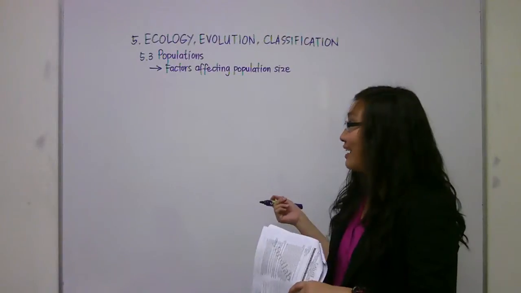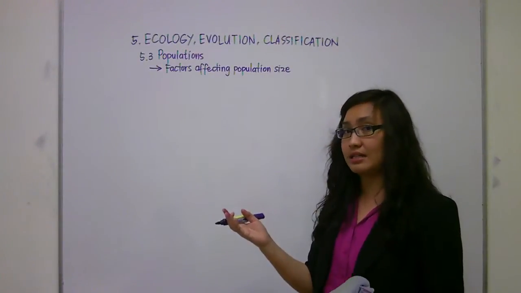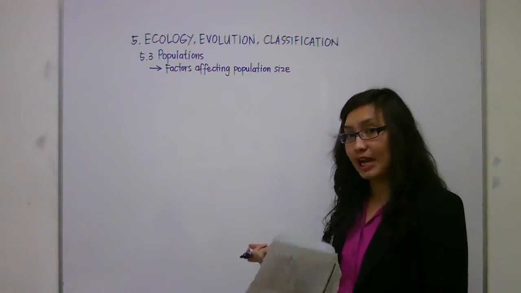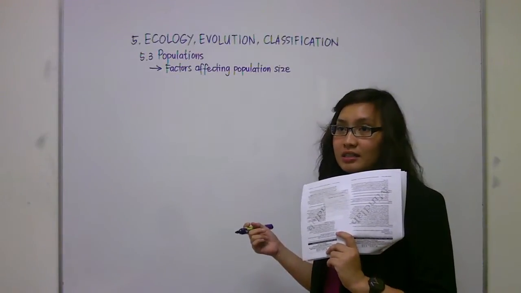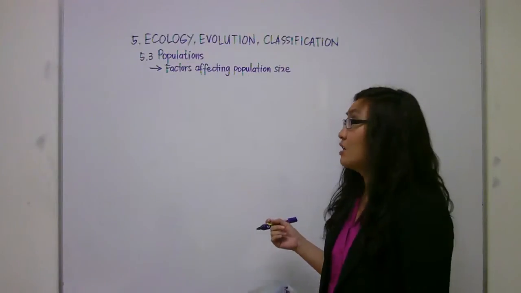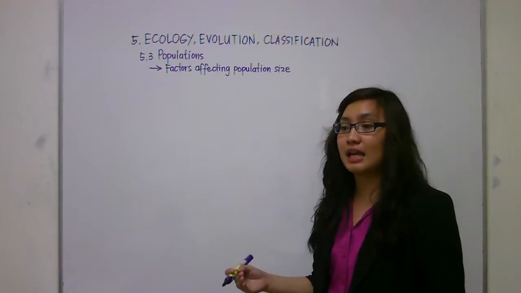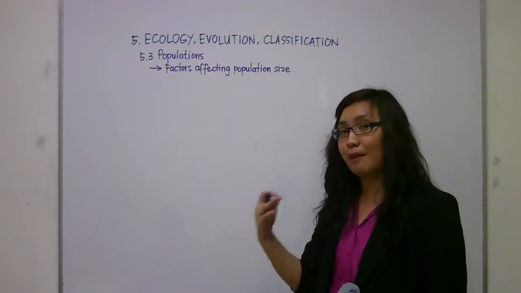So in this case, natality is a factor that increases the population size. On the other hand, there is another factor such as mortality. Mortality is the number of deaths present in a specific population. So mortality is a factor that decreases population size.